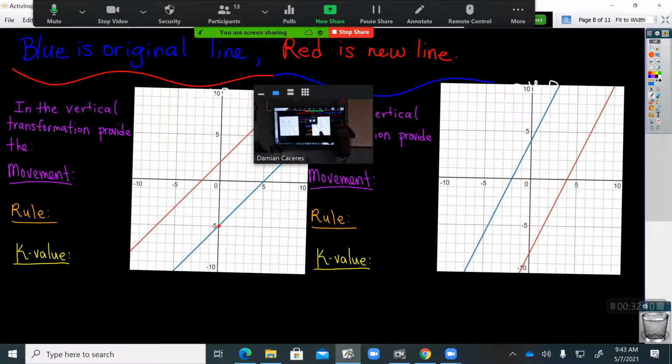So we're going from blue to red. From blue to red is up. Up how many boxes? 1, 2, 3, 4, 5, 6, 7. Up 7 boxes. So the movement is up 7 units. The rule is f of x plus 7 because up is positive and vertical, the number is not in the parentheses. And then the k value is 7.